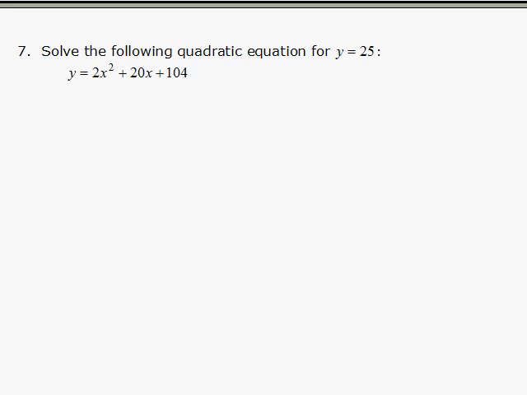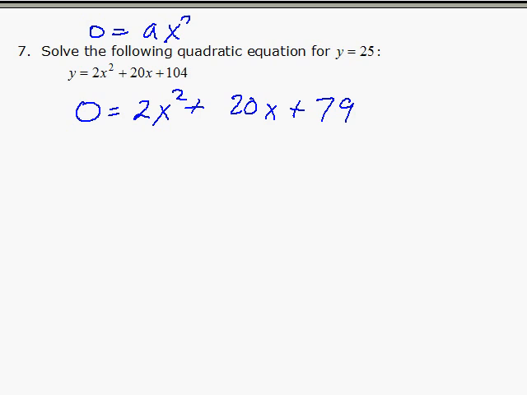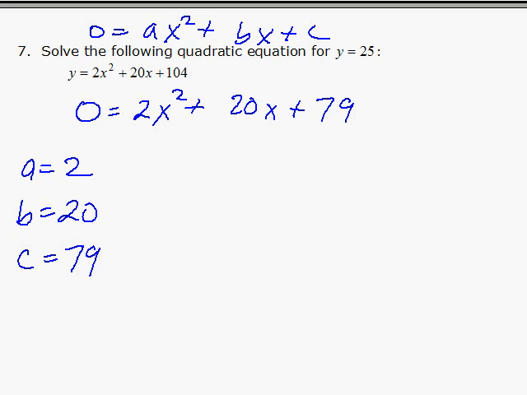Okay, well, that wasn't exactly helpful. I erased the equation, so I think we ended up with something like 0 equals 2x squared plus 20x plus 79. Now I'm in the form 0 equals ax squared plus bx plus c, and I can make the identification that a is 2, b is 20, and c is 79.